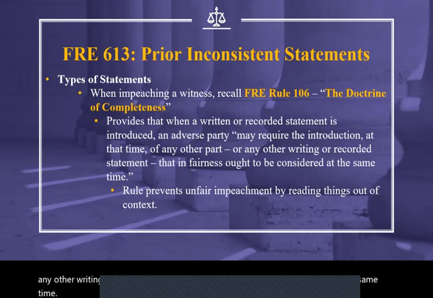So what does this actually mean in real life? This is a protection against unfair impeachments, right? By having the witness read something out of context.